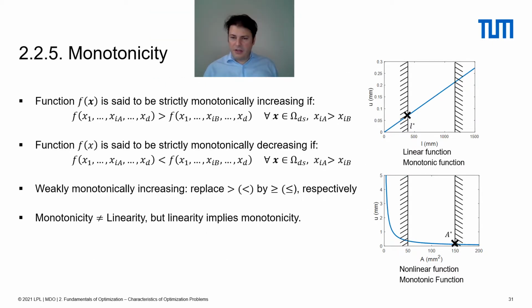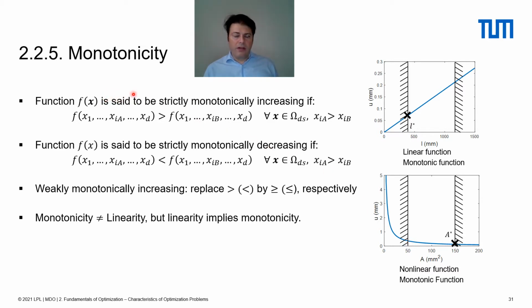Another important property of objective or constraint functions would be monotonicity. Monotonicity simply means that your function value increases or decreases upon increasing or decreasing your design variable value. So a linear function here would be a monotonous function, but also a hyperbola would be a monotonous function because it's always going uphill or downhill.